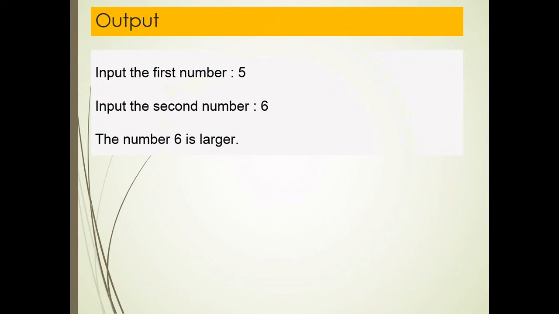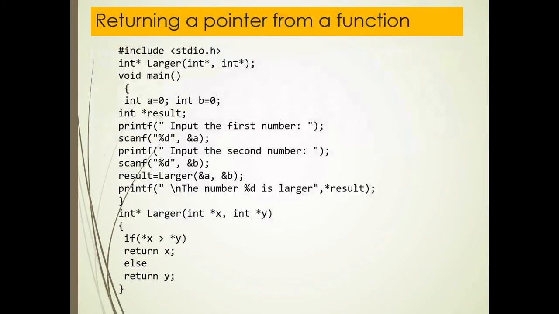Output will be this. Input the first number, that I have entered here 5, second number is 6. The number 6 is larger because of the condition. So with the help of this example I explained returning a pointer from a function, how a function can return a pointer.